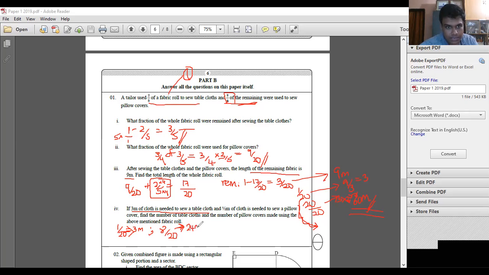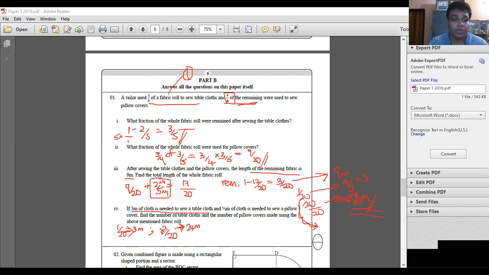Listen to me again. The whole length of the whole fabric cloth is 60 meters. For tablecloths, they said 2 over 5, but we know that is 8 over 20. If we find the total length used for tablecloths, can we find the number of cloths? Yes, if we know the total, we divide it.